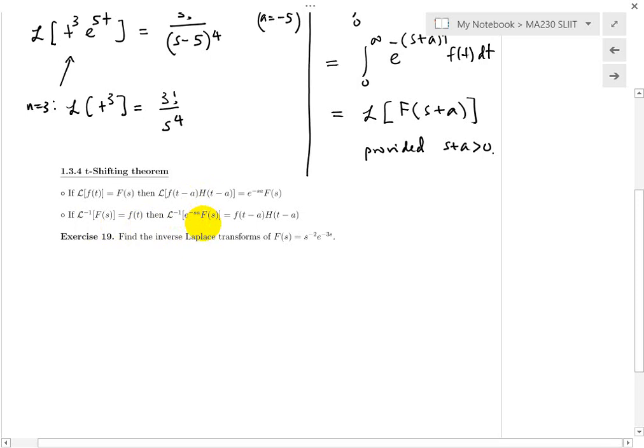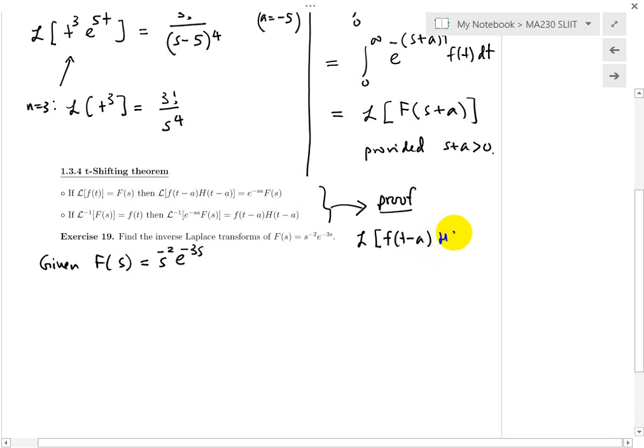Okay. So question here. Given function is F of s, so s minus 2 exponential minus 3s, and we want to find little f. So here also let me give you a quick proof. Let's start with the Laplace transform of f of t minus a, h of t minus a.